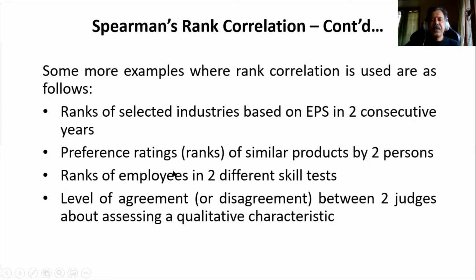Then preference ratings of similar products by two different persons, ranks of employees in two different skill sets, and how two different judges are having any alignment, agreement or disagreement. How do we assess that? That also is possible using rank correlation.